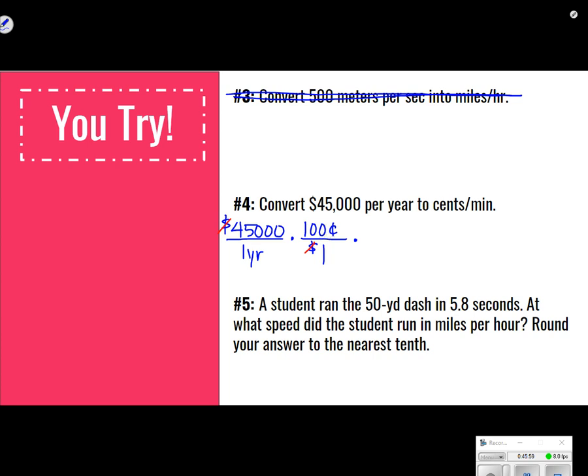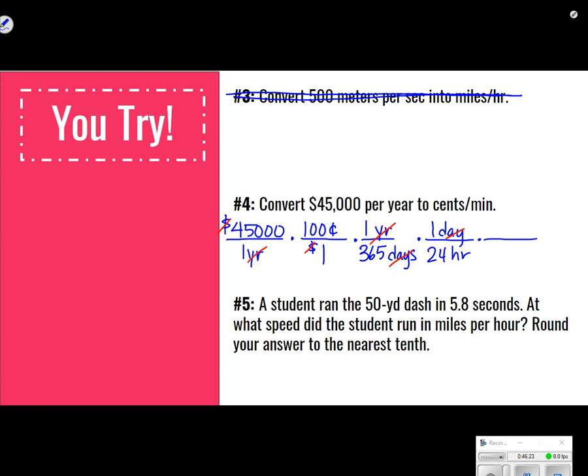And I want to change that to minutes. So in 1 year, what do I know about a year? There are 365 days. I know that. Year cancels with year. All right, and a day, I know that there are 24 hours. Day cancels with day.